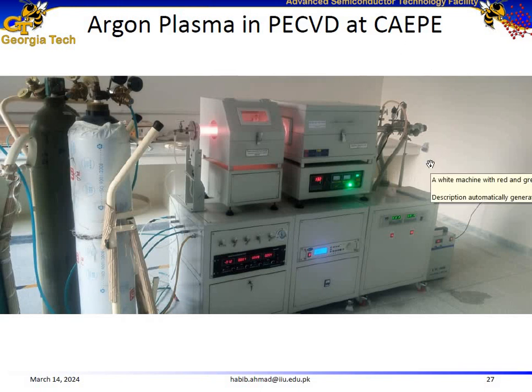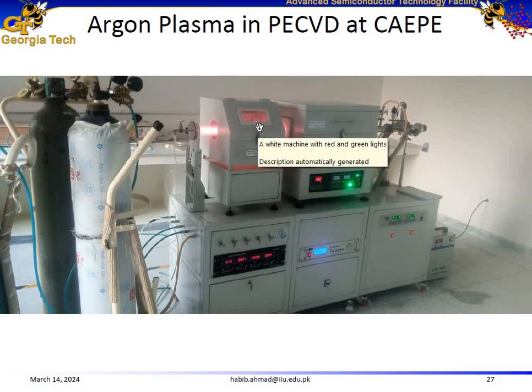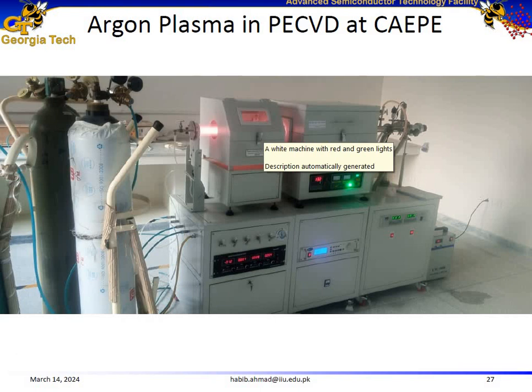And I was performing an experiment where I introduced argon gas into this tube over here, and then I started increasing the plasma power until I arrived at a point where the plasma got lit. And here you can see the color of the argon plasma over here. Different gases have different colors. Oxygen and nitrogen have different kinds of colors as compared to the argon plasma.